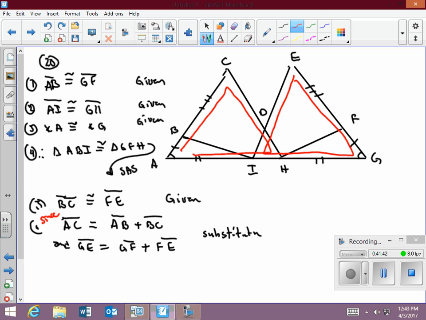Since AC is equal to AB plus BC and GE is equal to GF plus FE, then what you can do is say that 7, AC is congruent to GE.